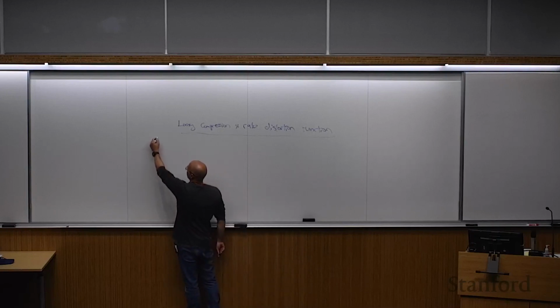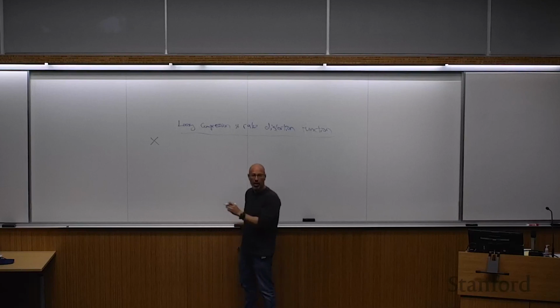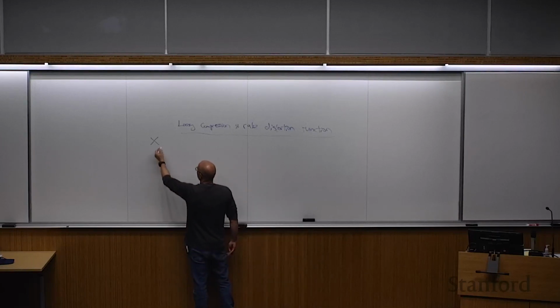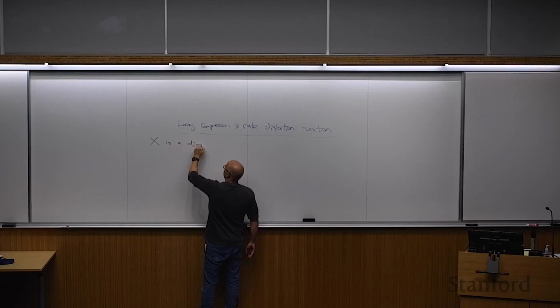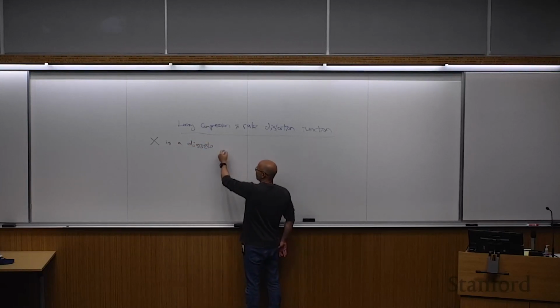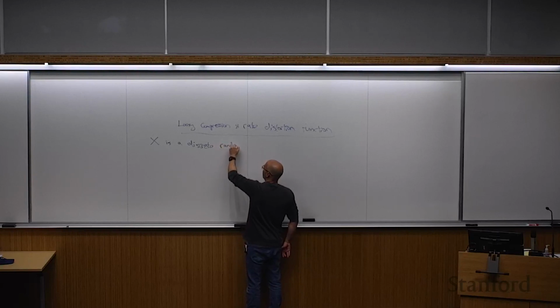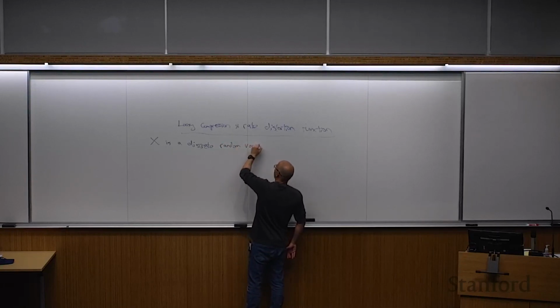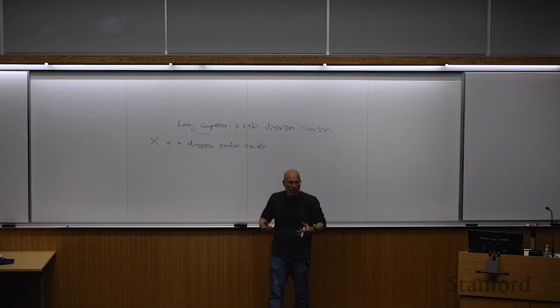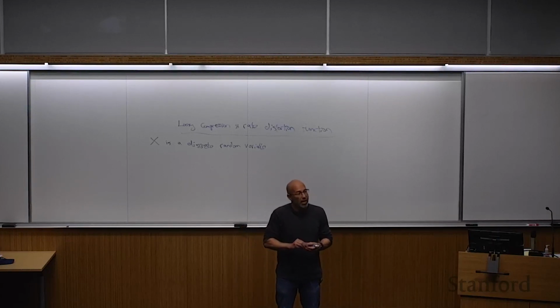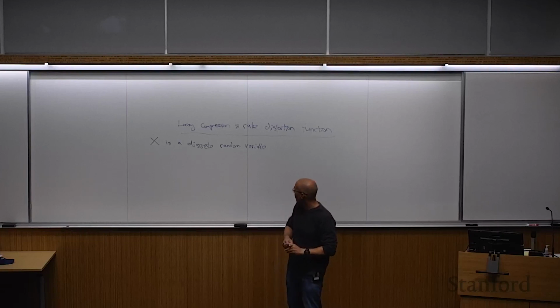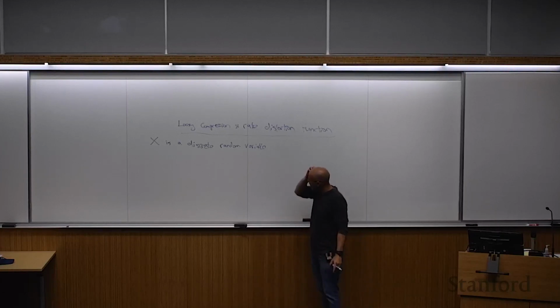So if we had, say, a random variable or random object X, which was discrete, taking values in some discrete, finite alphabet, then it made sense to talk about its entropy.